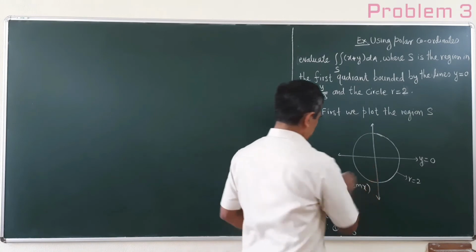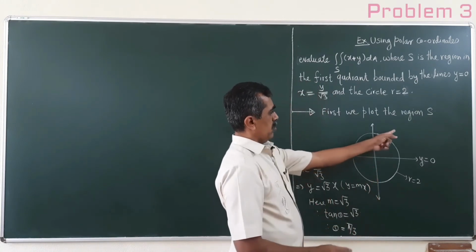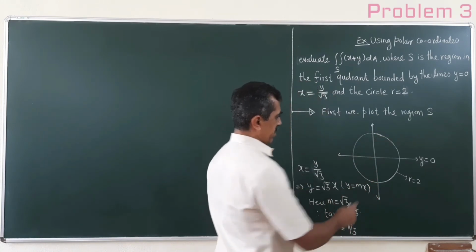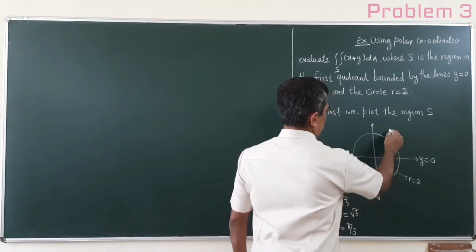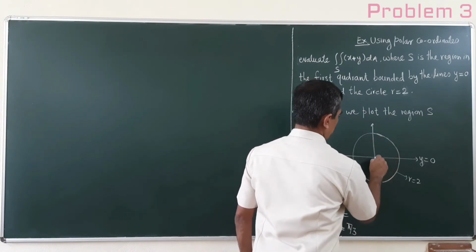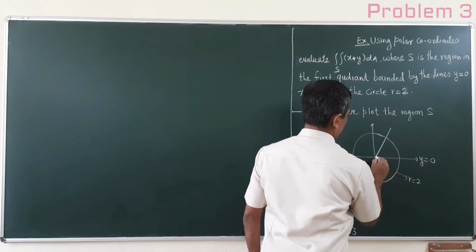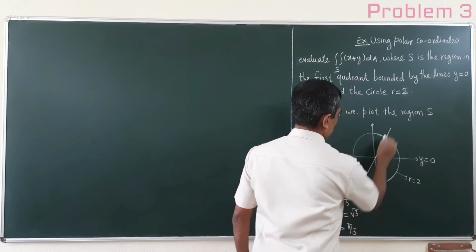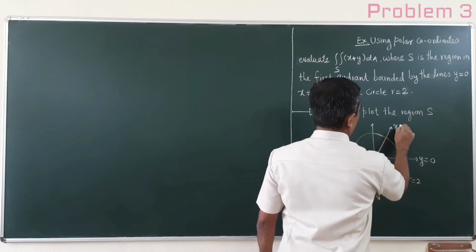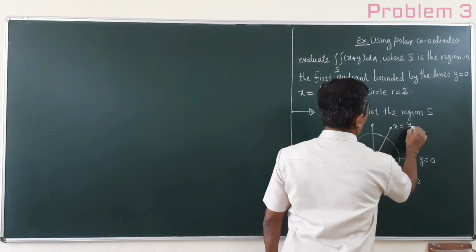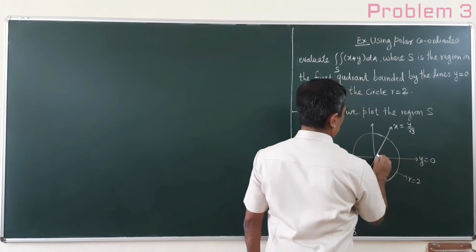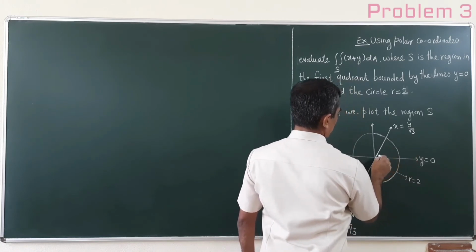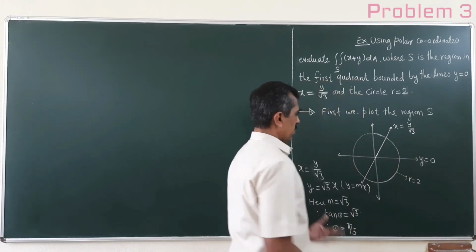So this line passes through the origin and makes an angle of 60 degrees, or pi by 3. This is x is equal to y upon root 3, and this angle is pi by 3.